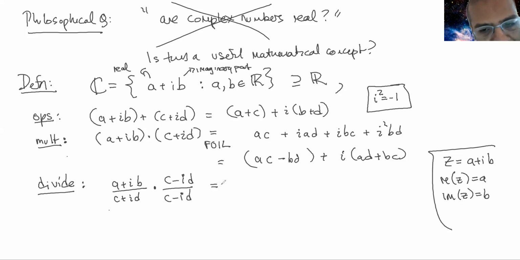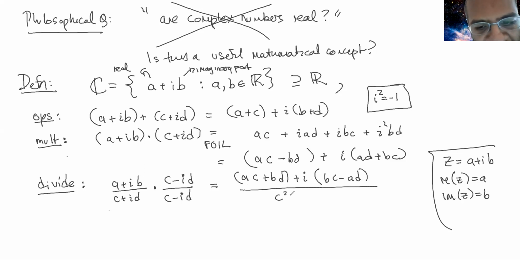If you do this, in the numerator you get ac plus bd plus i times (bc minus ad), and in the denominator, you'll check, you get c squared plus d squared. This only makes sense when c squared plus d squared is not 0. You can't divide by 0, just like with real numbers.